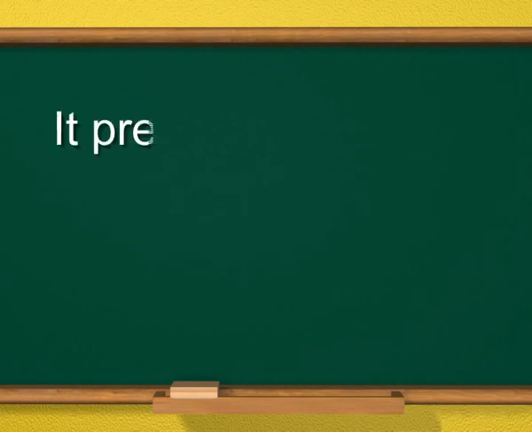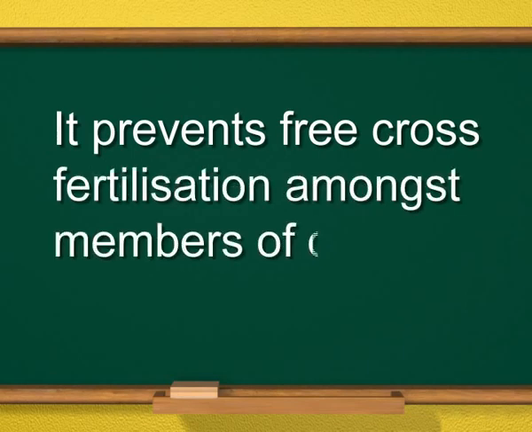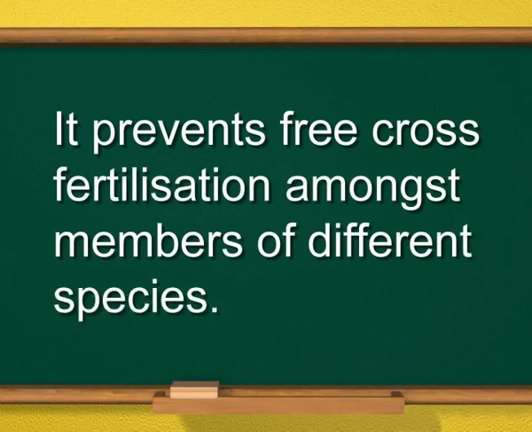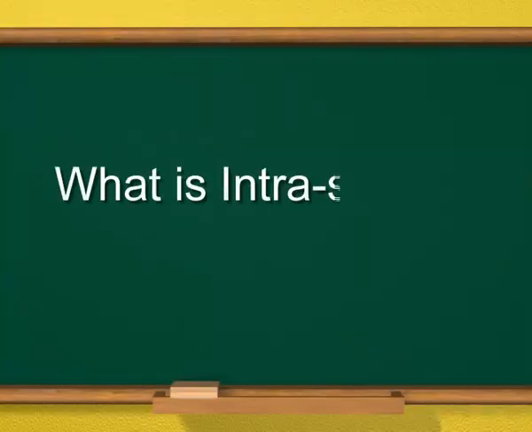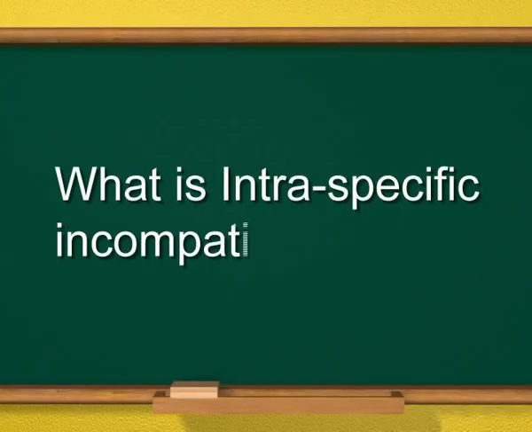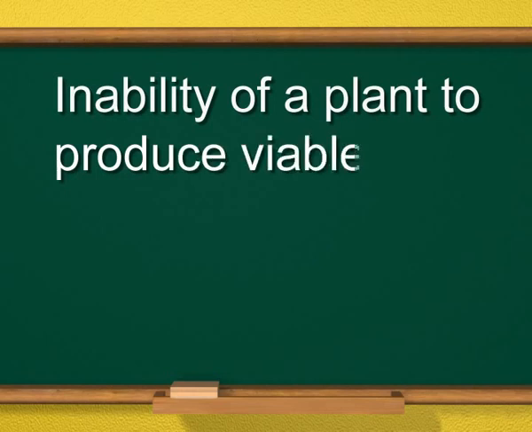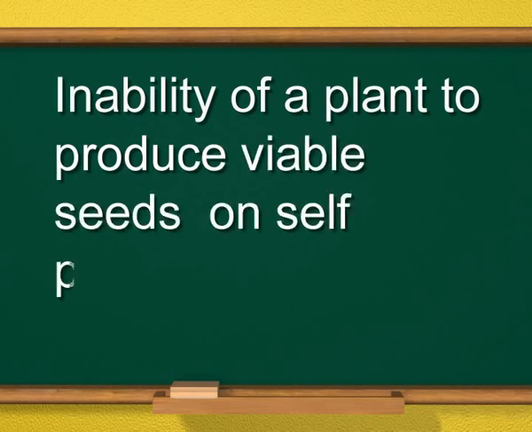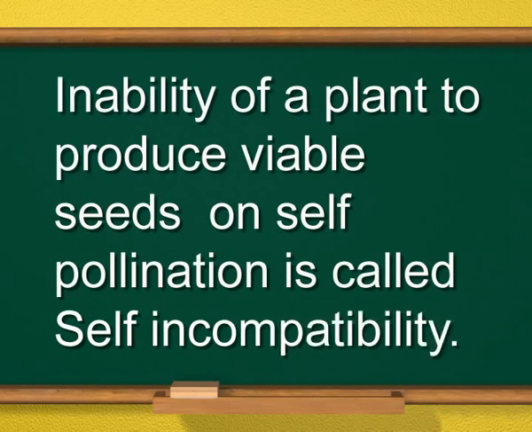Answer, it prevents free cross-fertilization amongst members of different species. Next question is, what is intraspecific incompatibility? The answer is inability of a plant to produce viable seeds on self-pollination is called self-incompatibility.